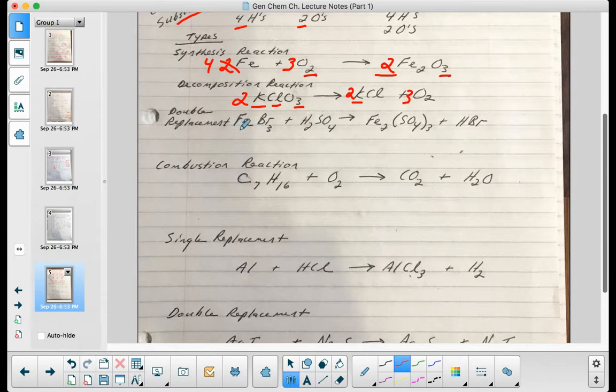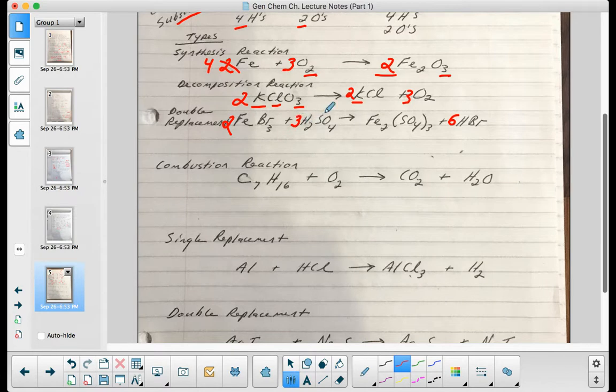I have iron here, 1 iron, 2 over here. I always just start left to right and see what happens. I now have 6 bromides, so I'll put a 6 over here. And when I do that, I have now 6 hydrogens, and I only have 2 hydrogens here, so I'll put a 3 in front of that.